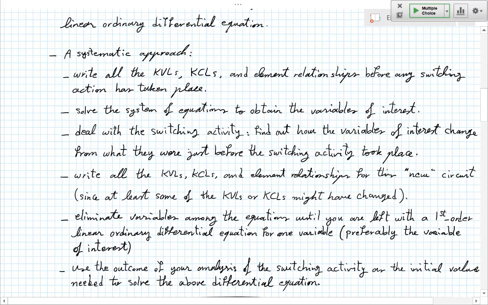I have closed the switch. I'm not touching it anymore. I'm just letting it now relax on its own, go through its transient. And so again, I'm back to writing the KVLs and KCLs for the new circuit and element relationships, and now playing with these equations until we are left with one ordinary differential equation.